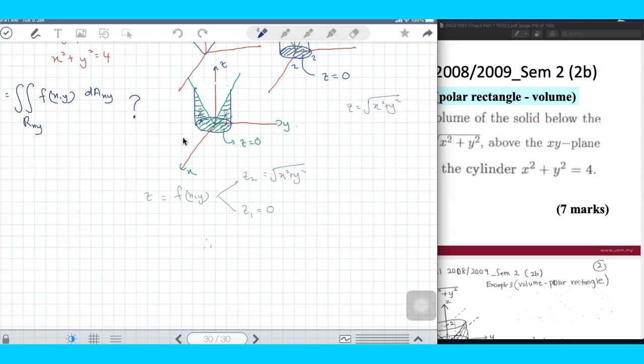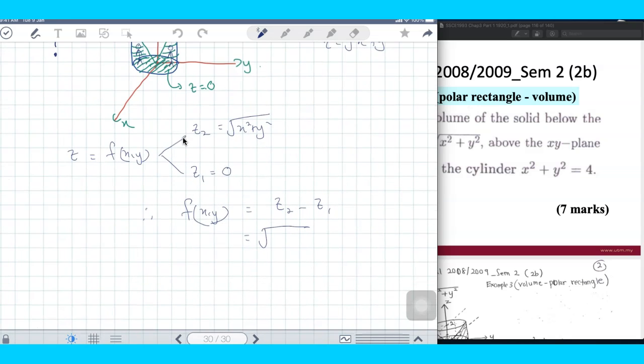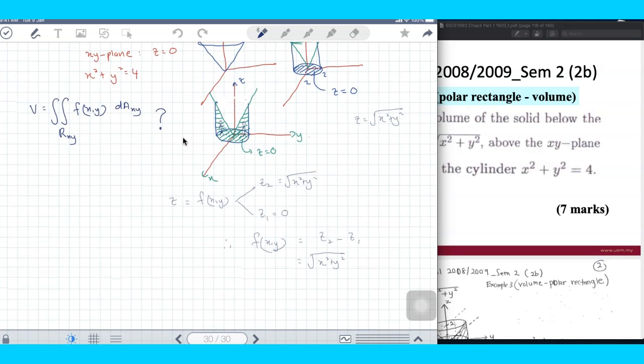So then you can see that your function now is given by z2 minus z1. So z2 is the square root of x squared plus y squared, and your z1 is 0. So now you already obtain your integrand: the square root of x squared plus y squared.